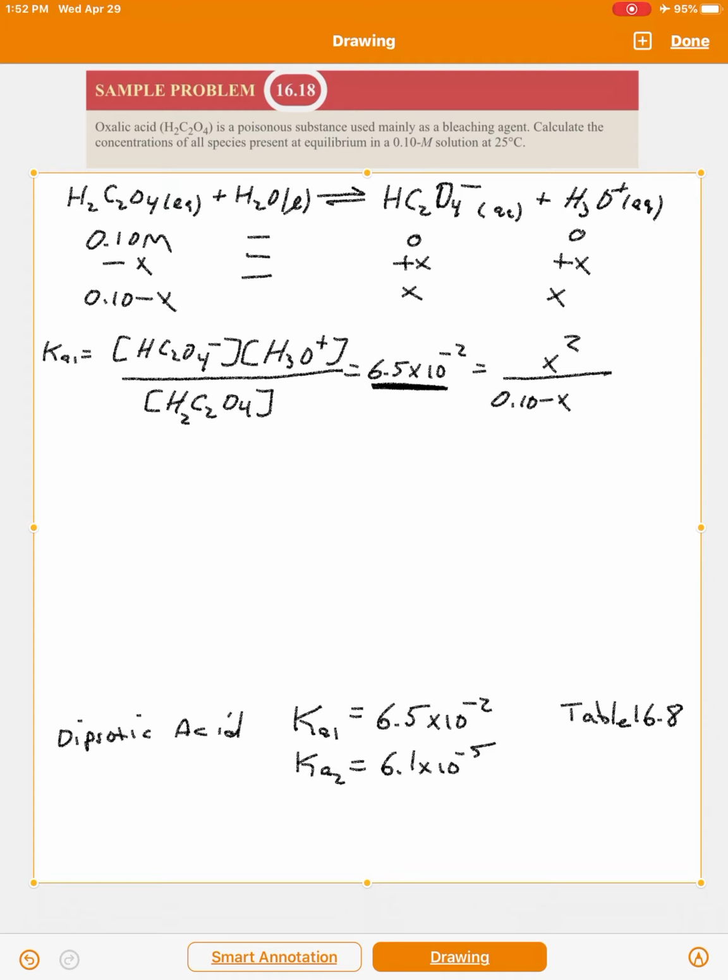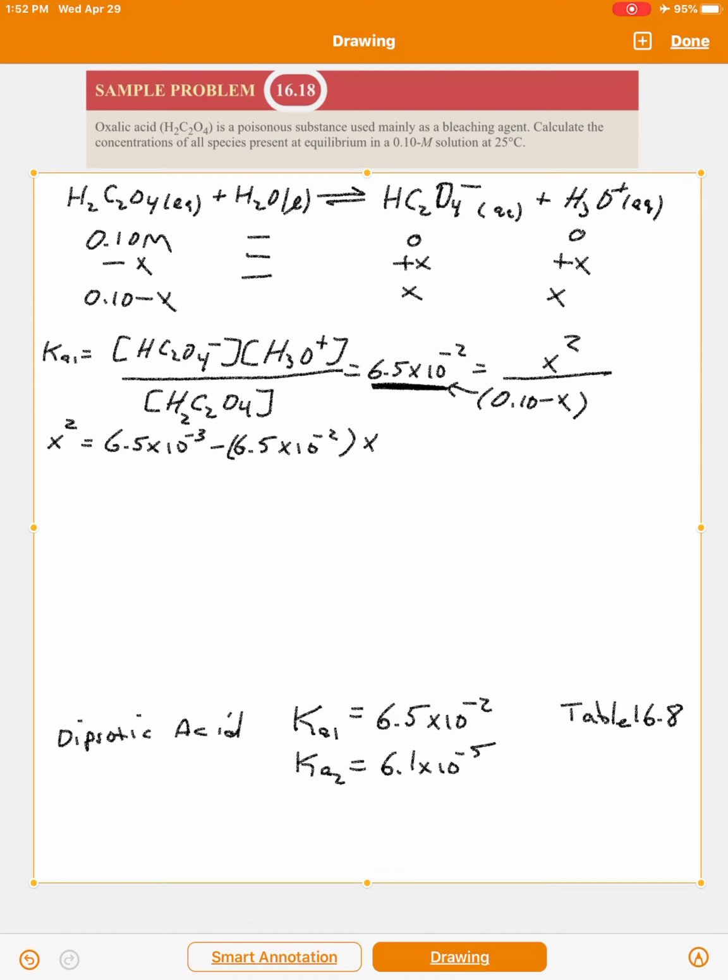Okay? So let's take the denominator over here, multiply it by that number, and set that equal to x squared. So x squared would be 6.5 times 10 to the minus 3 minus 6.5 times 10 to the minus 2 x. All right?